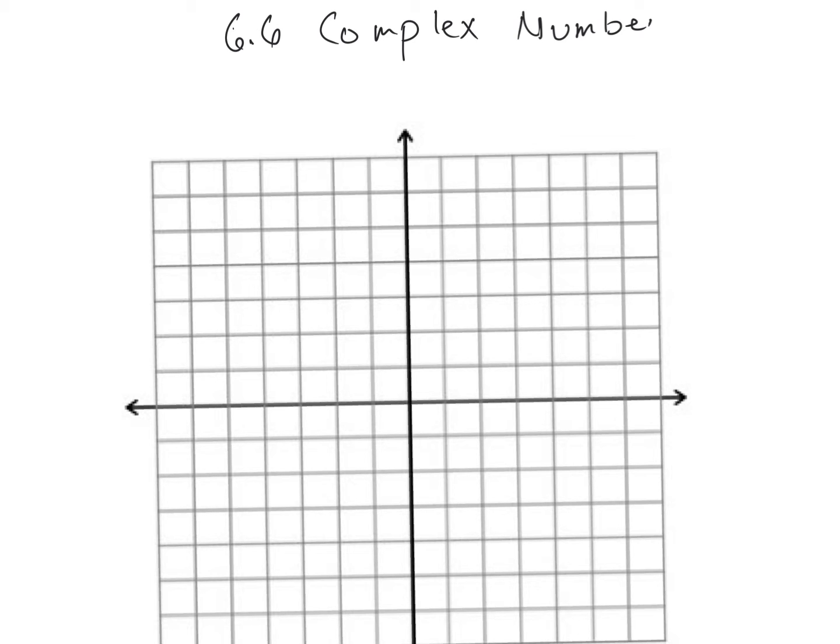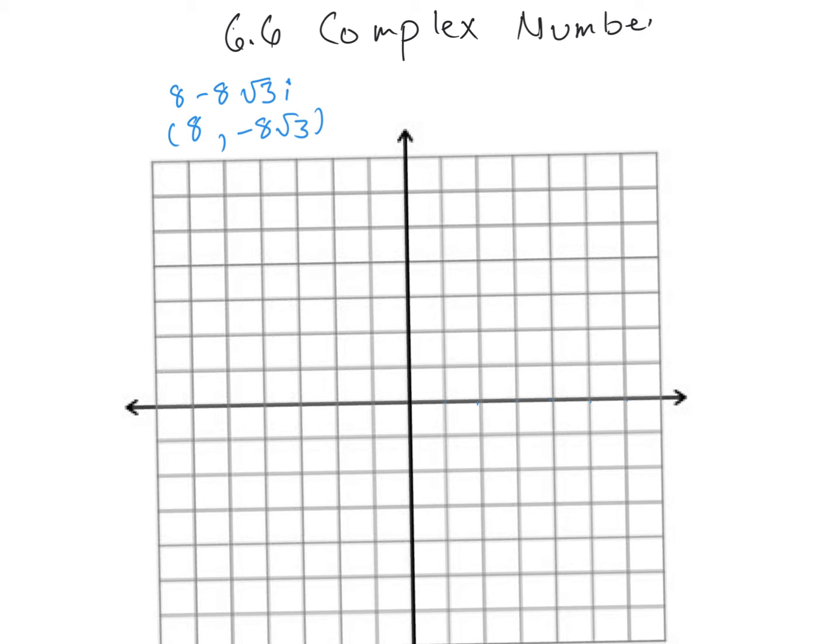We'll say we have the complex number 8 minus 8 root 3i. If I were to graph that, remember the x value is your real number, imaginary is your y value, so it'd be 8 comma negative 8 root 3. So if we were to graph that, we go over 8, 1, 2, 3, 4, 5, 6.